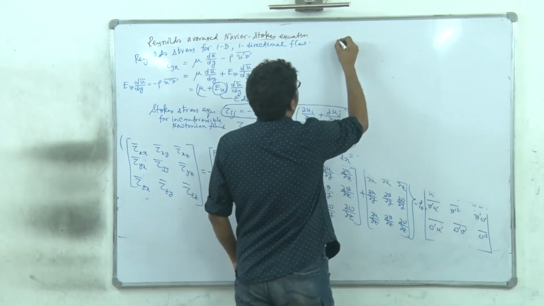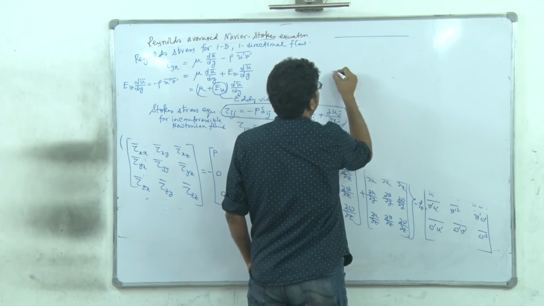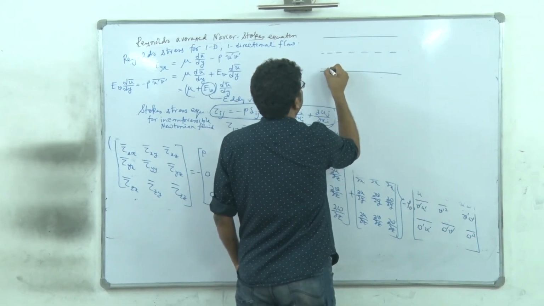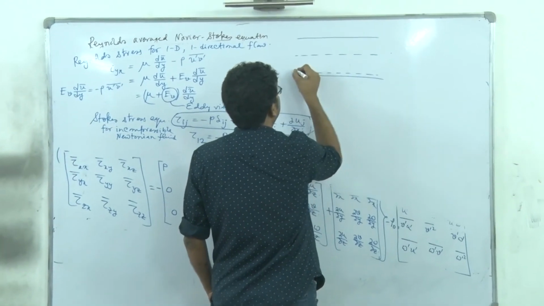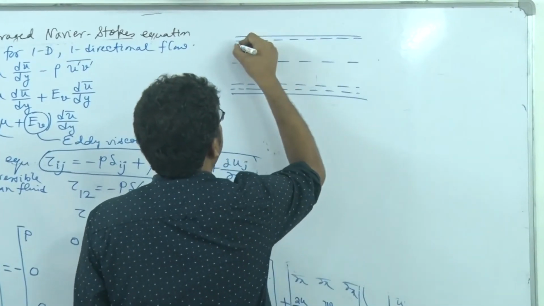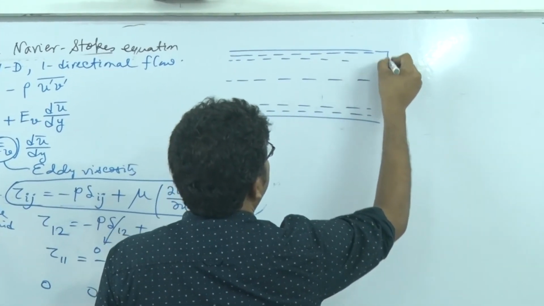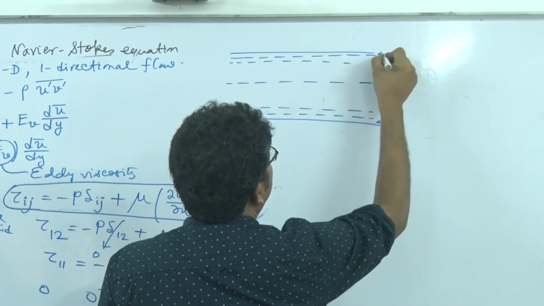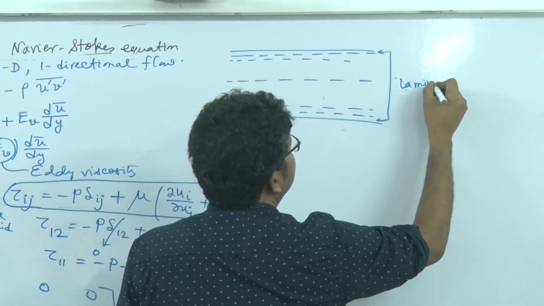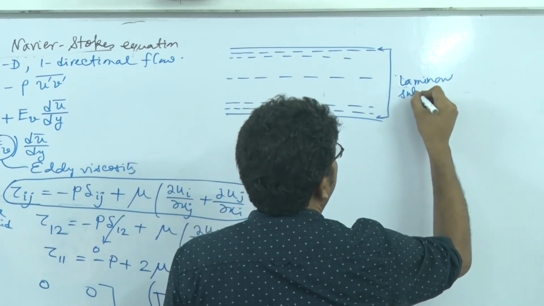So as we have discussed, in a pipe this is the center line, this is the laminar sublayer, this is the buffer. So these two are laminar sublayer.